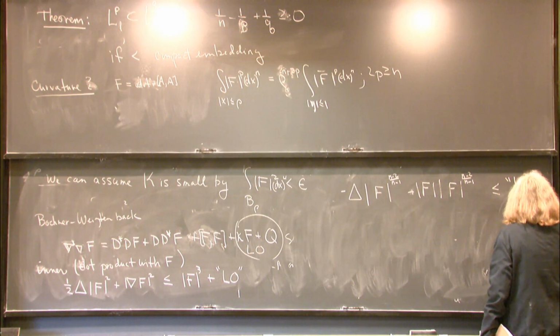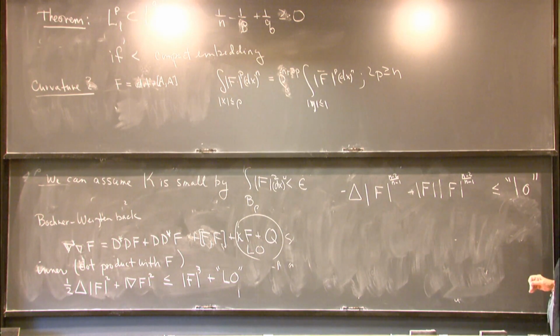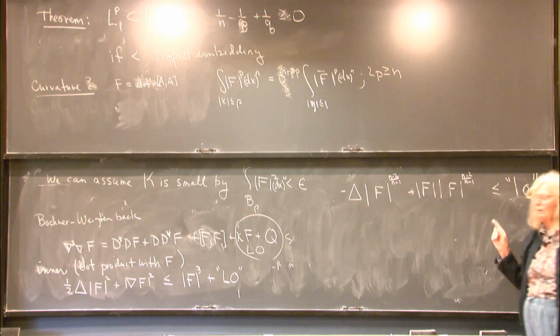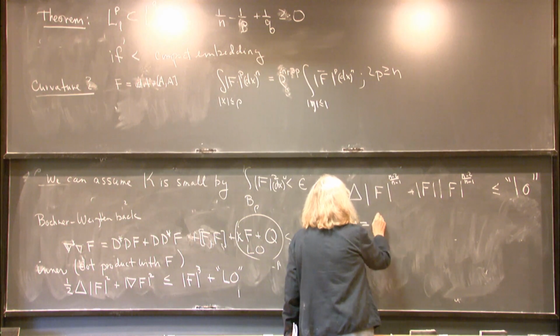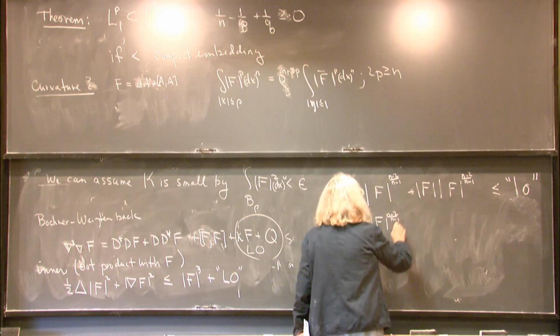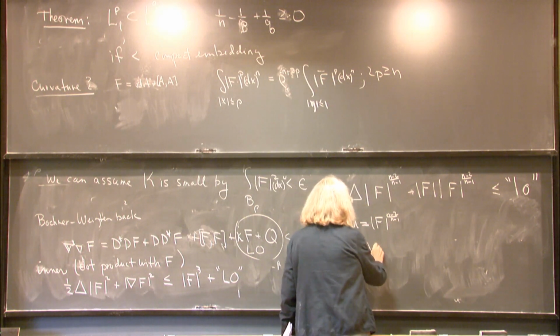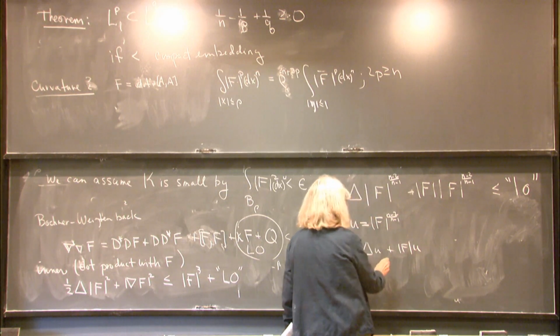I have a better estimate in that. It's in a better LP space, and I get something like that, okay? So this is now a scalar inequality. It says I have an estimate u, which is f to the n minus 2 over n minus 1, and minus Laplacian of u plus fu minus fu.